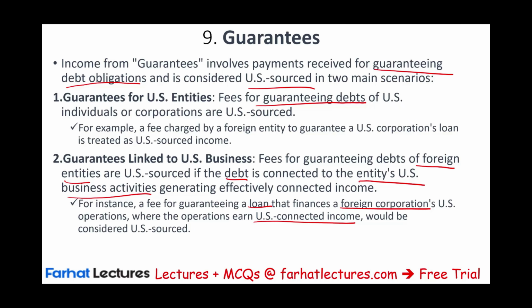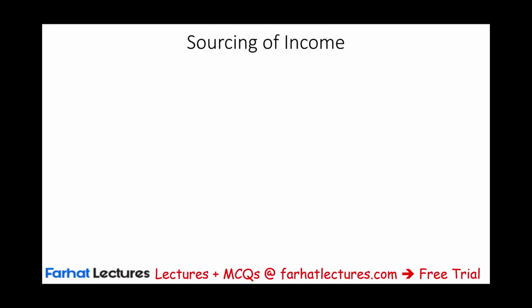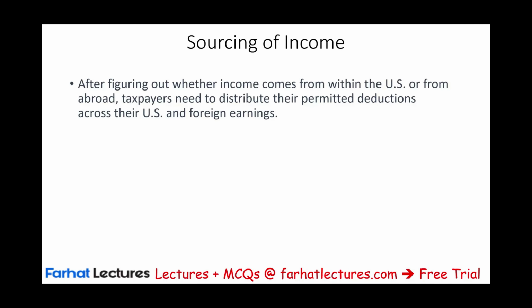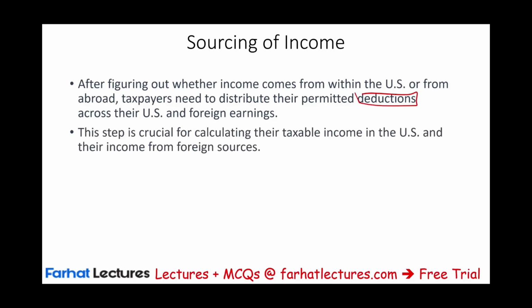US sourced income. So once again, after figuring out whether the income comes from the US or from abroad, you will need to distribute the permitted deductions, which we'll talk about in a separate recording, across either the US or the foreign earnings. And this step is crucial because that's going to determine your taxable income. That's going to determine your foreign tax credit.